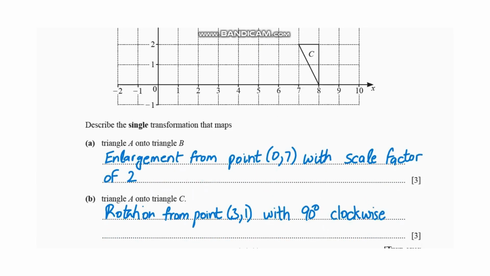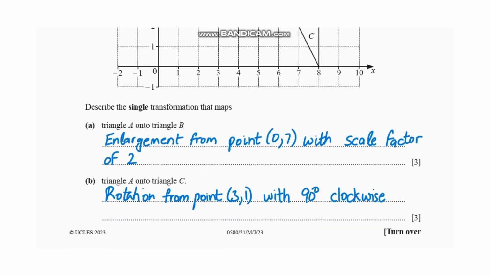So the enlargement from point 0, 7 with scale factor of 2. Part B states triangle A into triangle C.